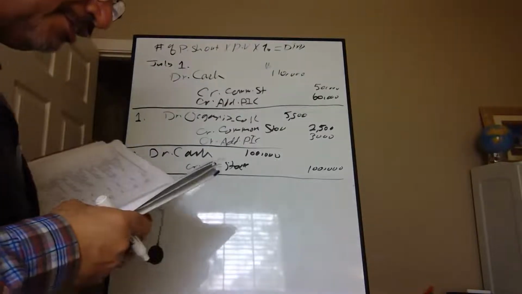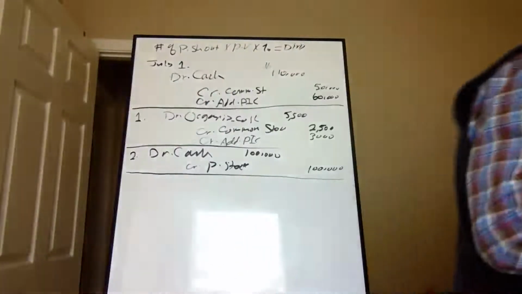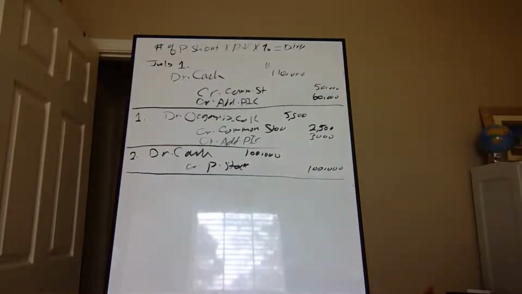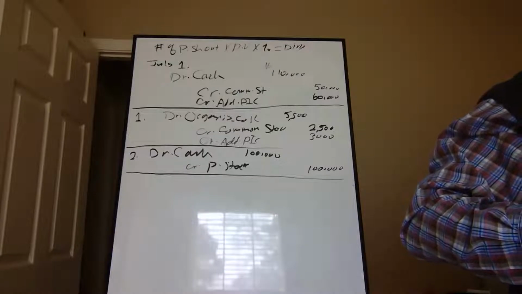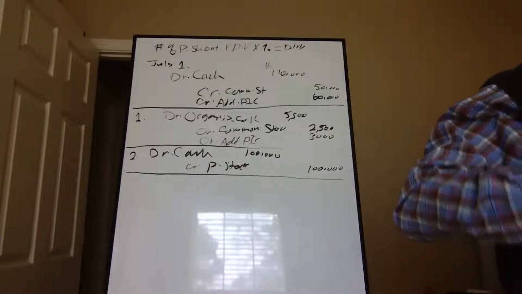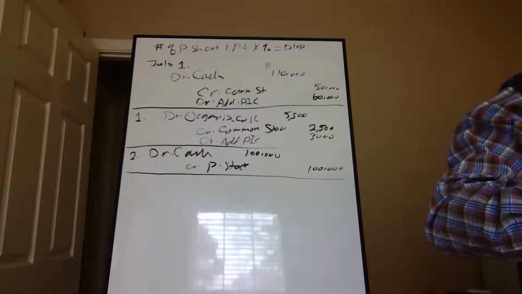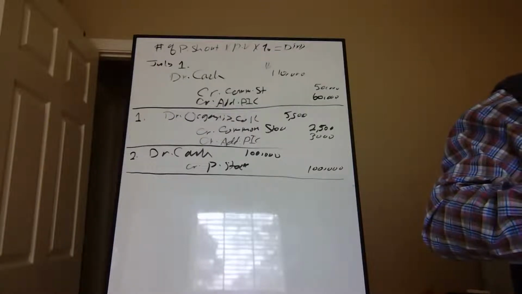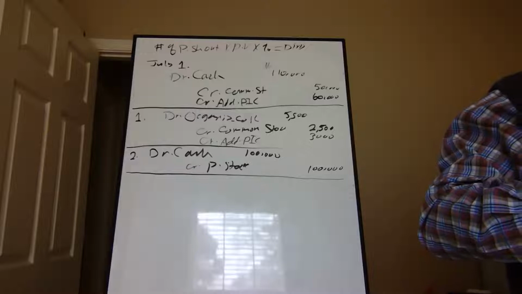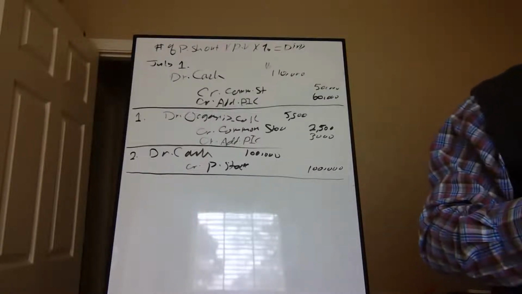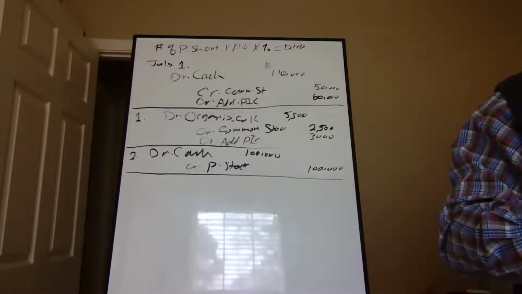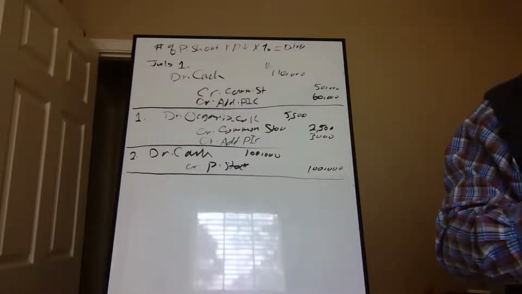On the 10th of July, the corporation issues 2,500 shares of common stock for land, on which the asking price was $35,000.